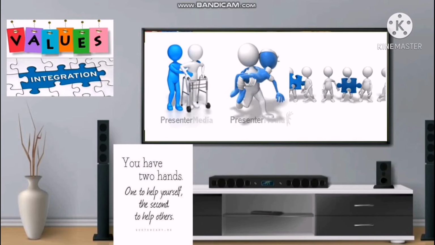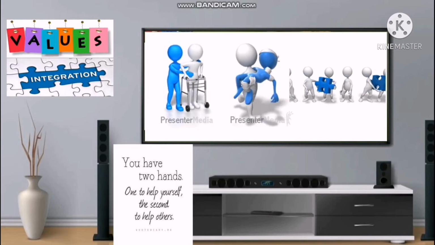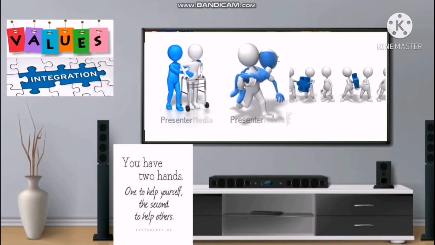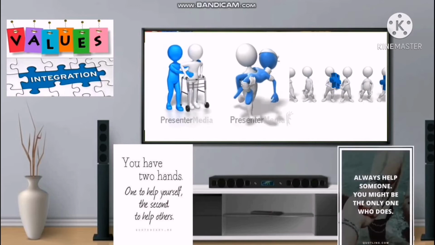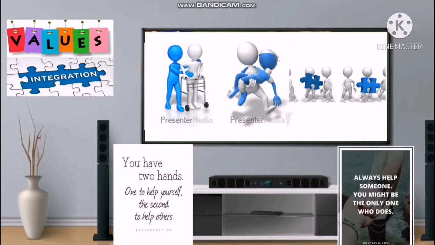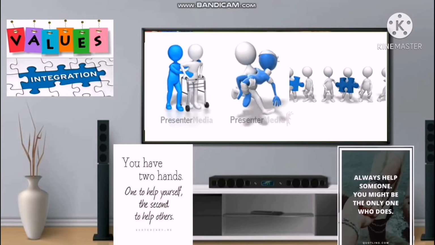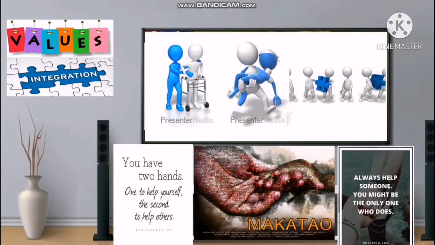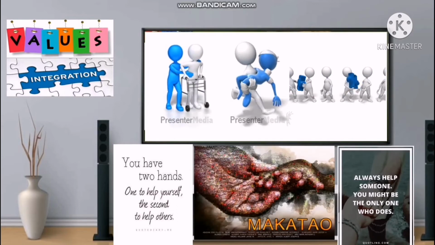You have two hands, one to help yourself, the second to help others. Always help someone. You might be the only one who does. And that is Makatao.